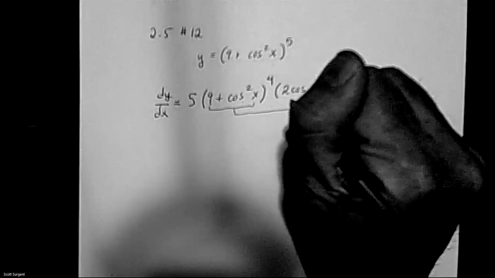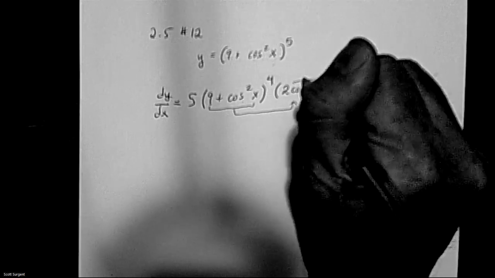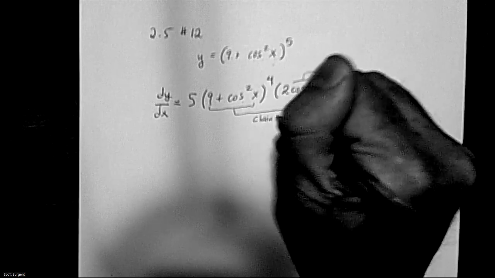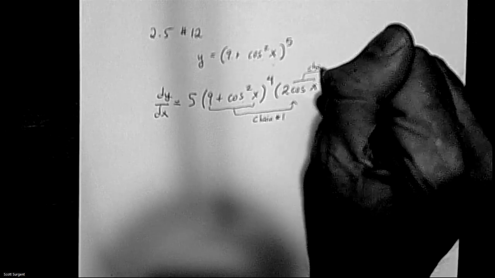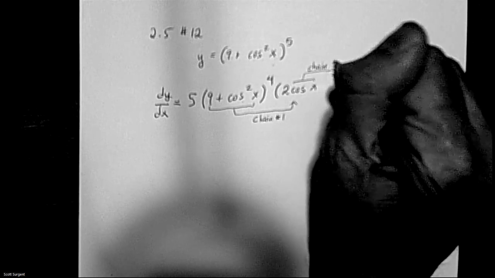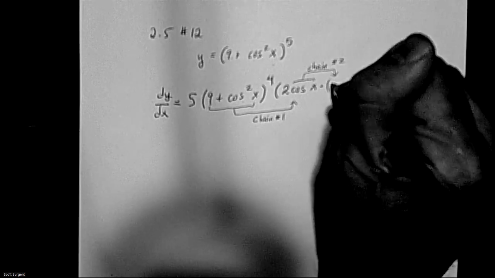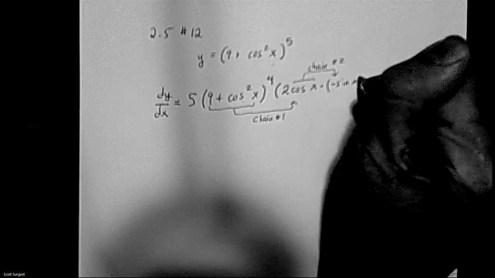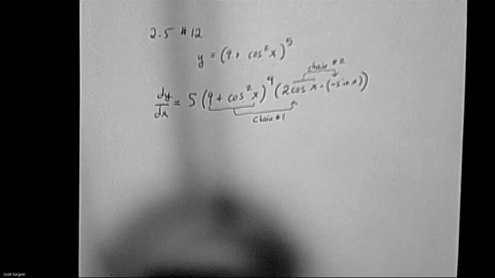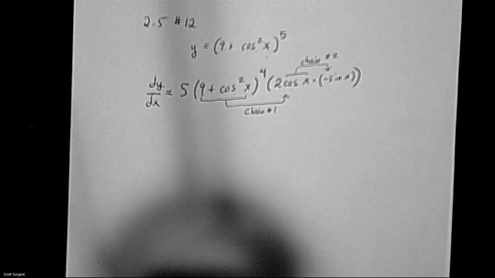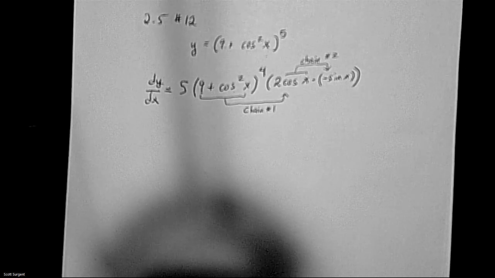And then, believe it or not, there's another chain. So this is like chain number 1, and this will be chain number 2. Now the question is what's the derivative of cosine? That's negative sine. And you're done.